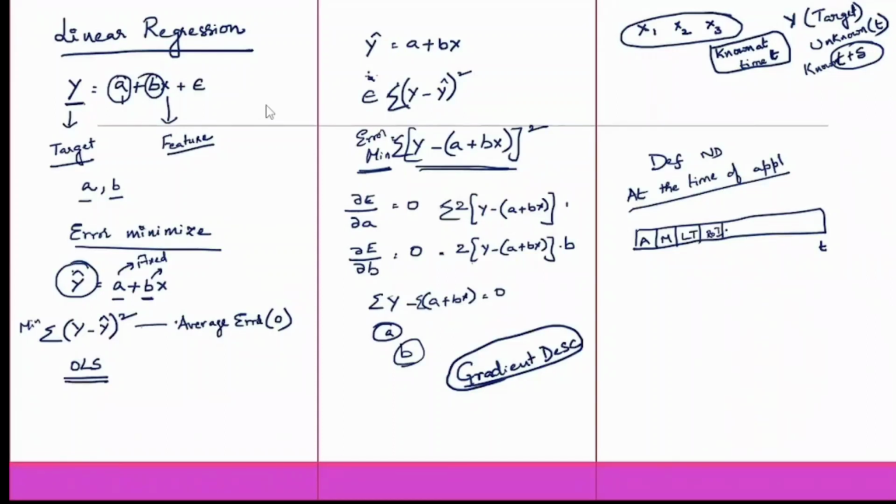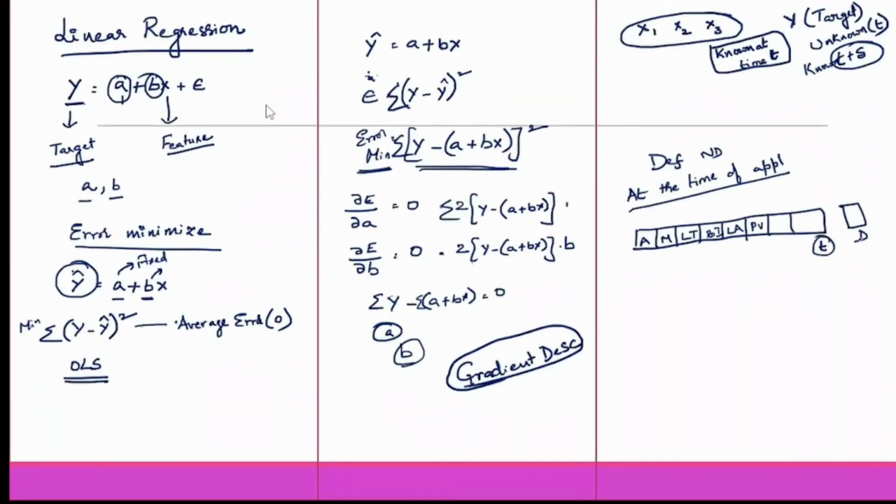There are so many variables that are considered. What is the loan amount? What is the property value? All these observations are known at time t. But what is unknown is whether the person will default or not. I don't know at time t whether this person will default in the future.